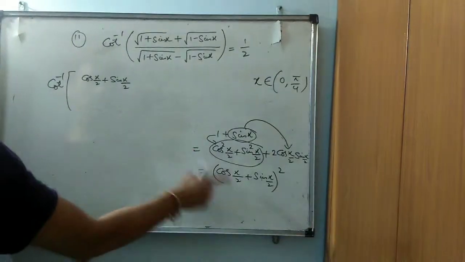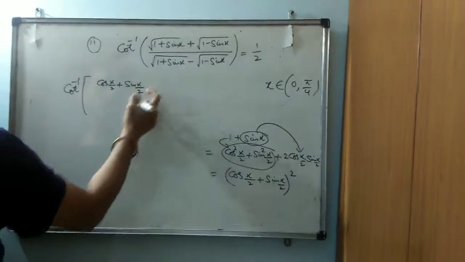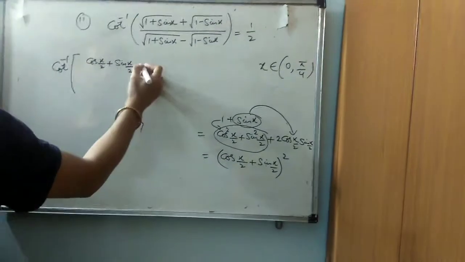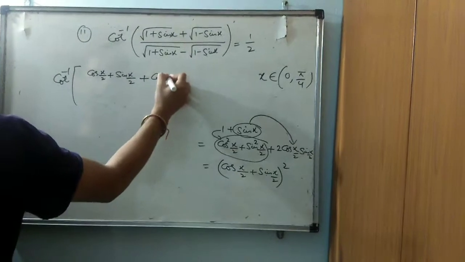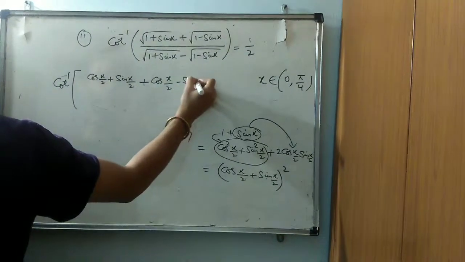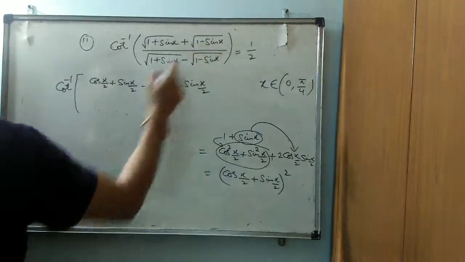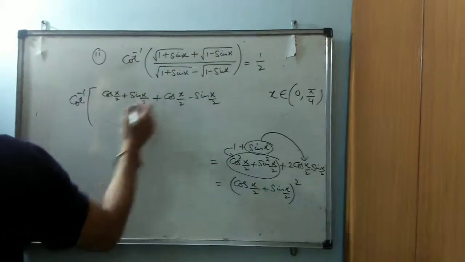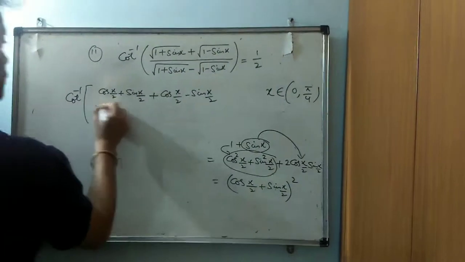Now when we put this in the root, because of the perfect square it comes out of the root sign. The other one is cos x by 2 minus sin x by 2, because it is 1 minus sin x.